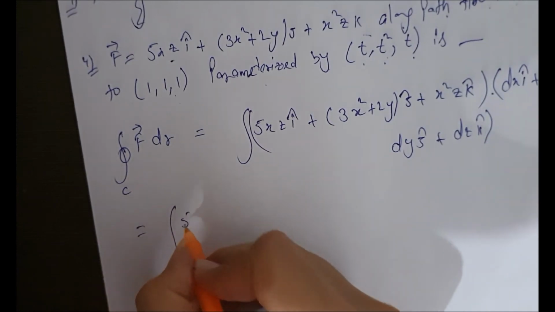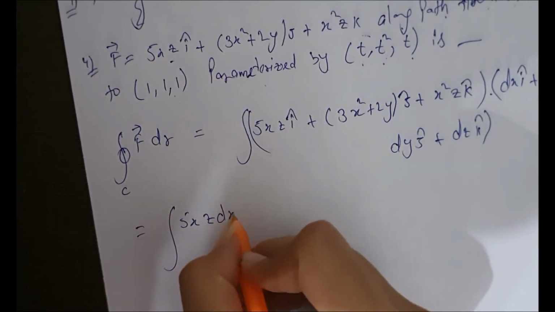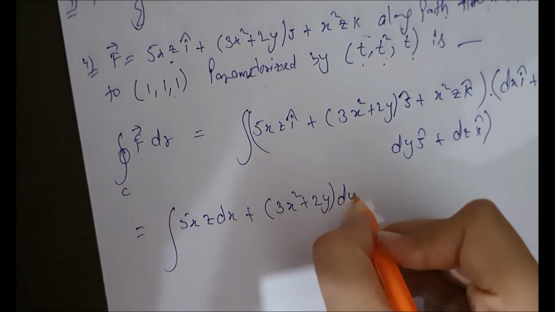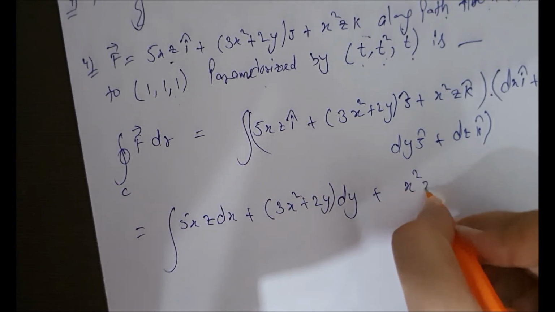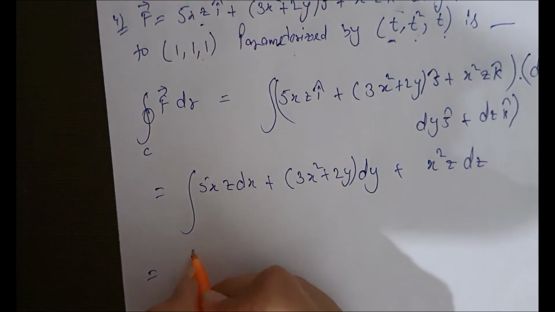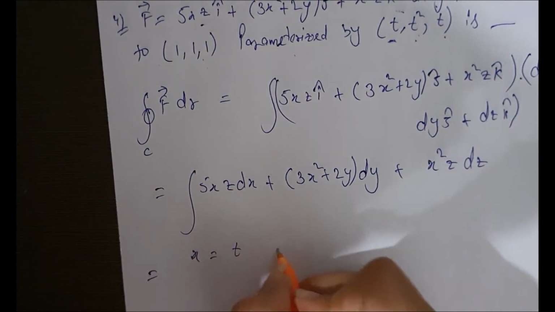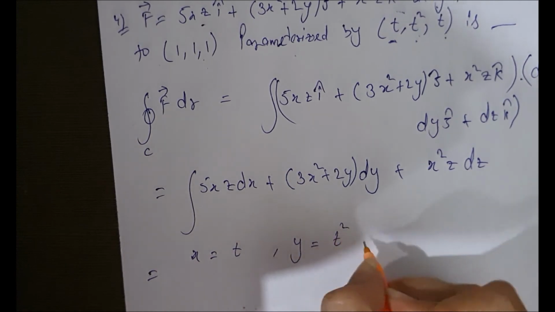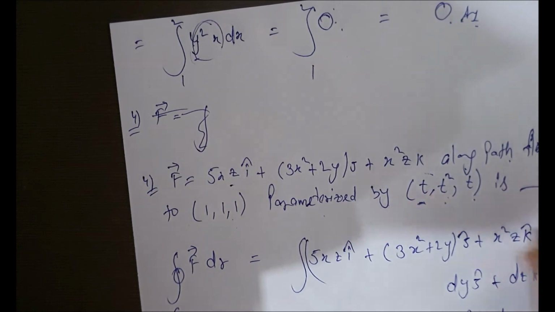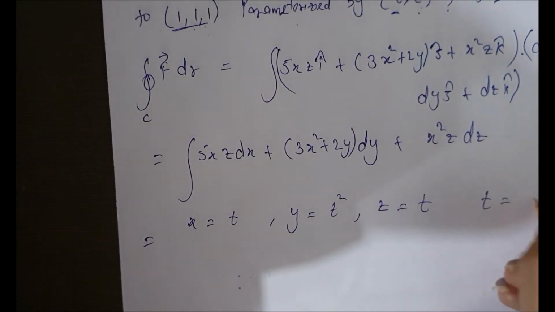Now take divergence. Here the x value is given as t, y is t square and z is t. Here this 0 0 0 to 1 1 1 means t is from 0 to 1.